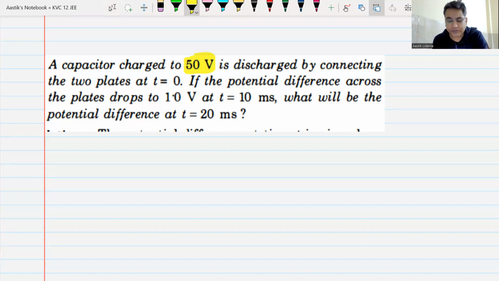Why is this 50 volt given? No idea? Anyone can tell me what this 50 volt is?